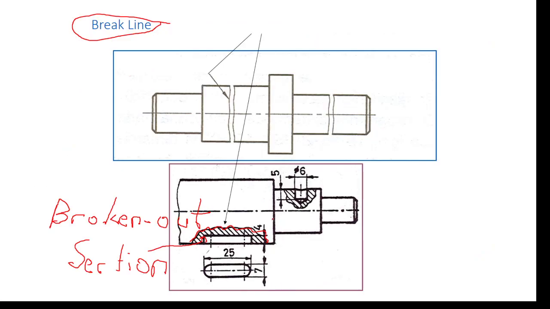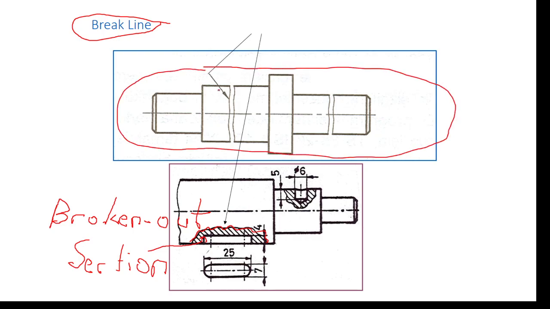But here we are still talking about the types of lines and their meanings. For break lines, there is one more meaning. In this example, we have break lines, these wavy thin lines. But the meaning of these wavy lines on this view is completely different. They do not say that there is a broken out section.